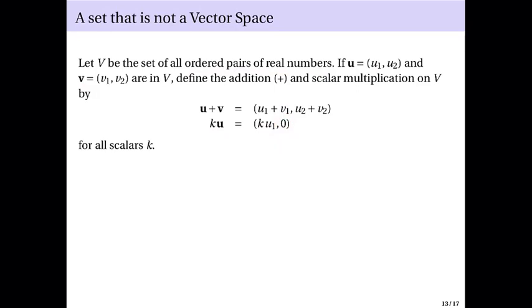and try to check which axiom is not satisfied. Maybe let us try some of them. Say axiom number 1. Axiom number 1 is the closure. But you look at this.